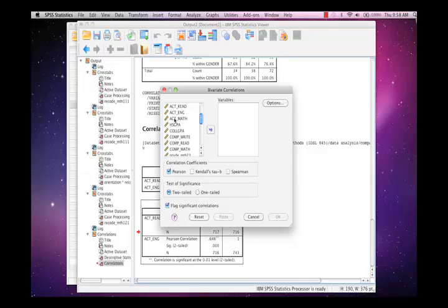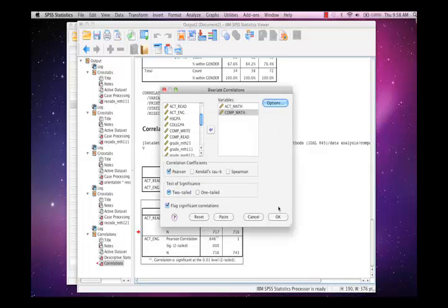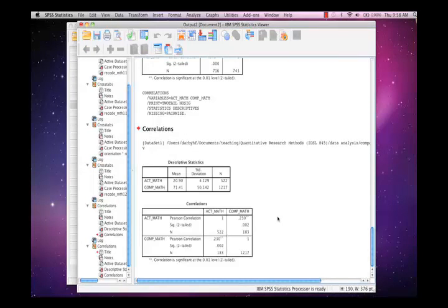Let's look at ACT Math and Compass Math. I'm not really expecting to have very many cases because, well, let's find out. Let's run OK. We're OK with the defaults. Actually, let's select options, means and standard deviations, continue, and OK. Let's see what we get.